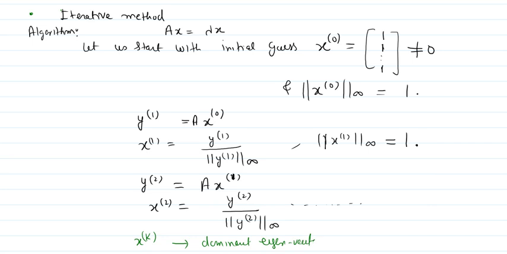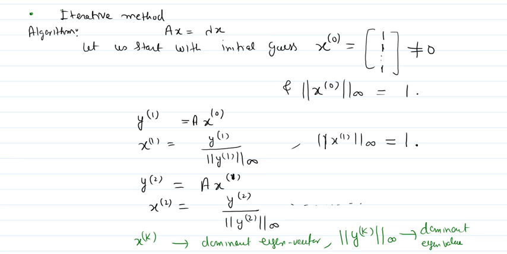Dominant eigenvector is the eigenvector corresponding to the dominant eigenvalue, and the numbers we are dividing with, that is the norm of that yk, will converge to the dominant eigenvalue. The largest number which we are dividing with will converge to the dominant eigenvalue.